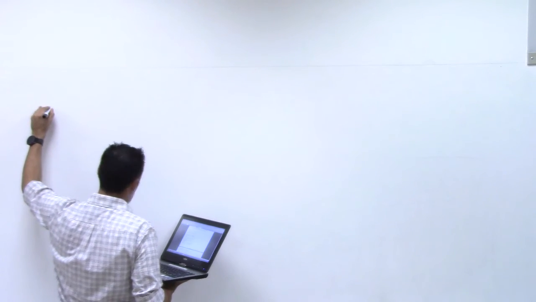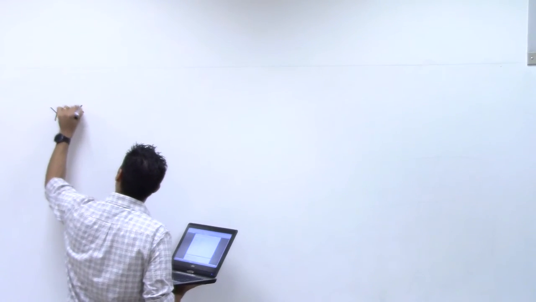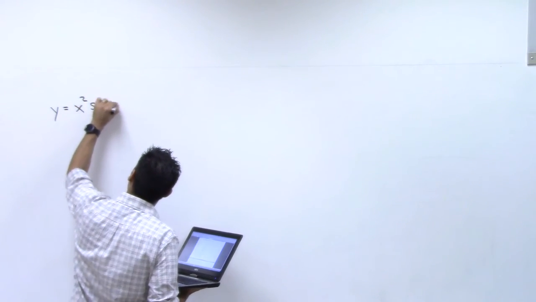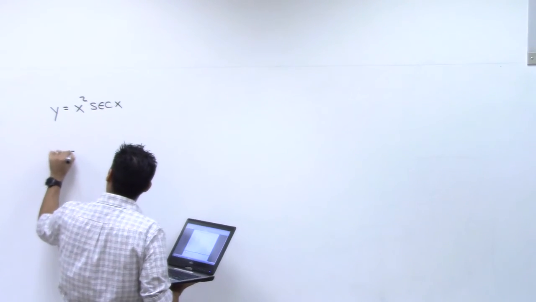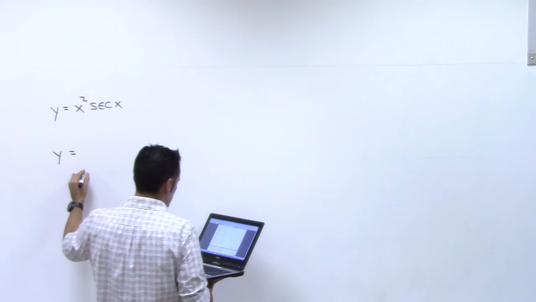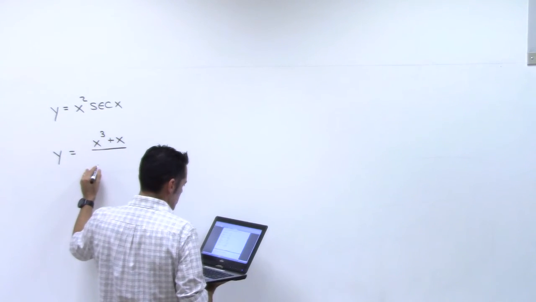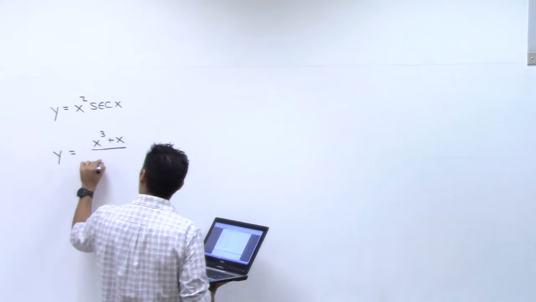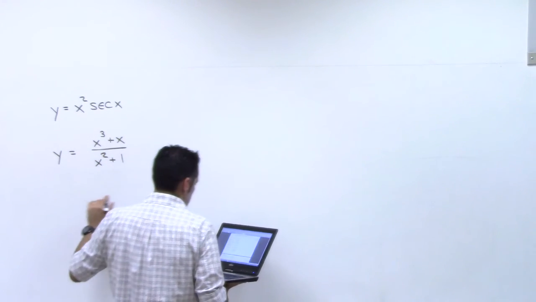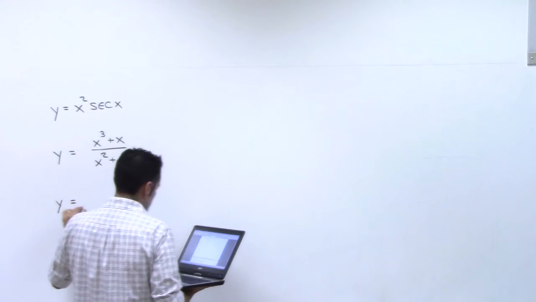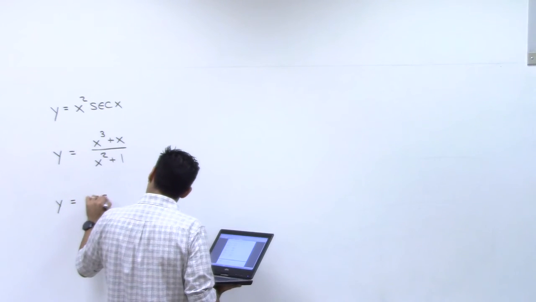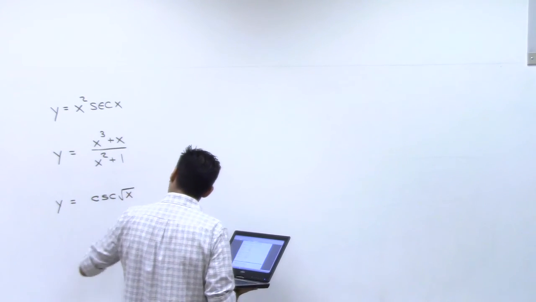Okay, here it comes. I want you to find the derivatives of all of these, all right? So y equals x squared secant x. Y equals x cubed plus x over x squared plus 1. Y equals cosecant of the square root of x.